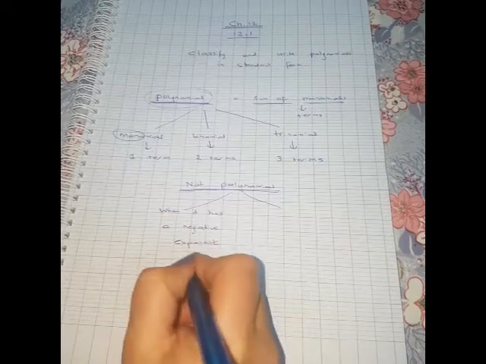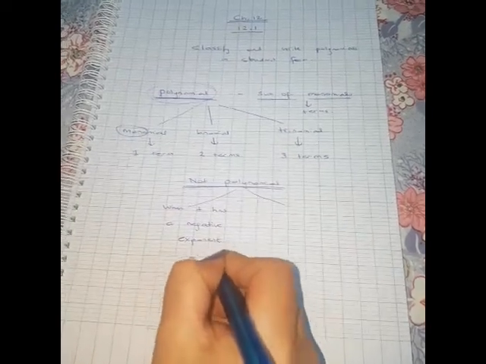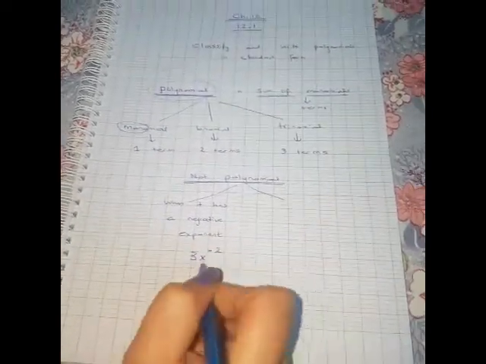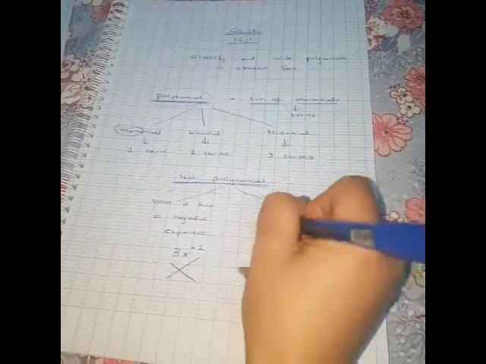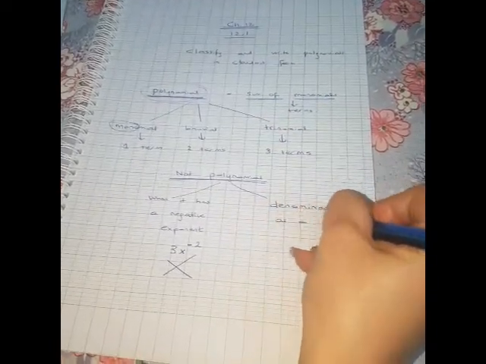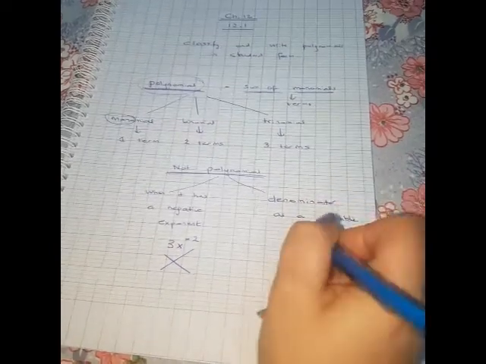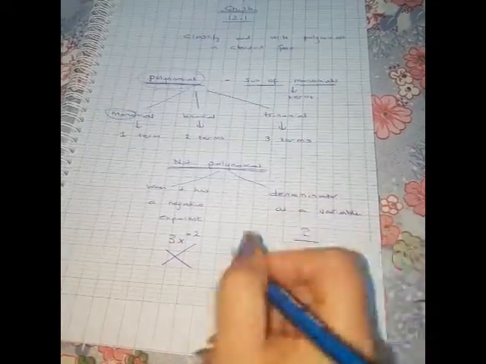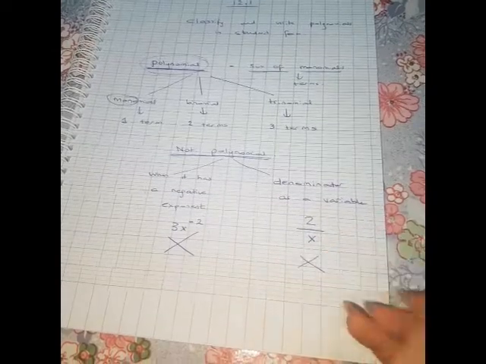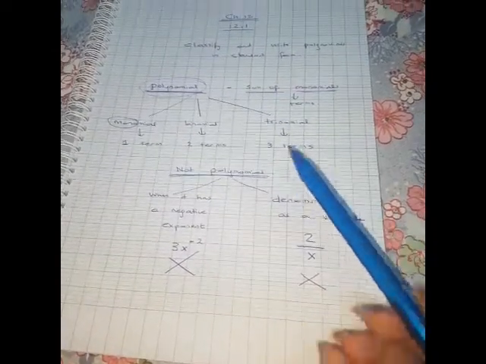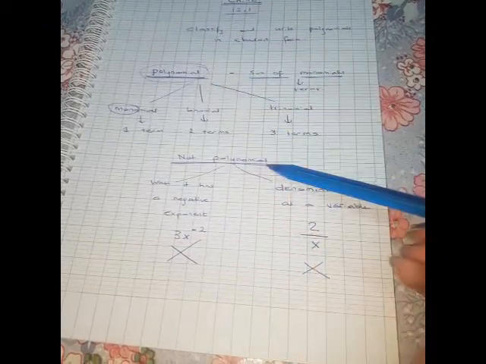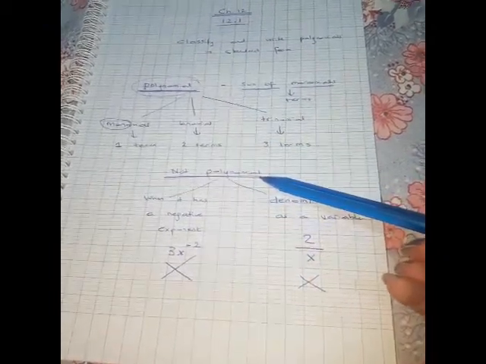If I say 3x to the power of negative 2, this is not a polynomial. And when it has a variable as a denominator. If I say 2 over x, again, this is not a polynomial. So it's very important to differentiate between a polynomial and not a polynomial.